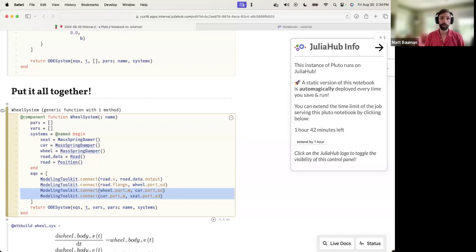That's causal modeling. In acausal modeling, we don't really care about the time evolution of the system. What we care about are those core fundamental equations, right? So F equals ma. We care about F equals k times x, or the force equals the damping coefficient times the derivative of x.